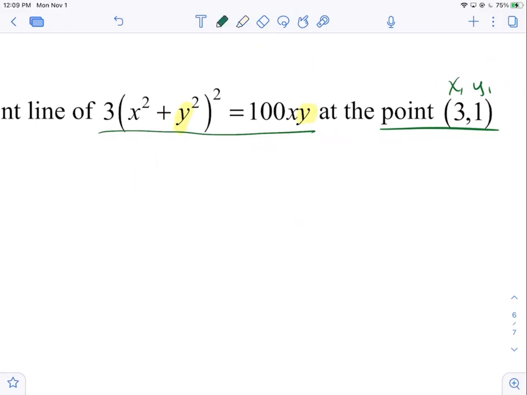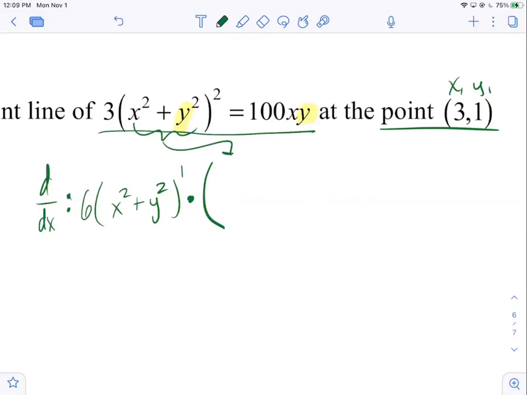Here we go. Chain rule: d/dx of 3 blob squared becomes 6 blob to the first, and we just write the blob in there, times the chain rule, the derivative of the inside, which is the quantity 2x dx/dx, which we don't need, plus 2y dy/dx that we do need.